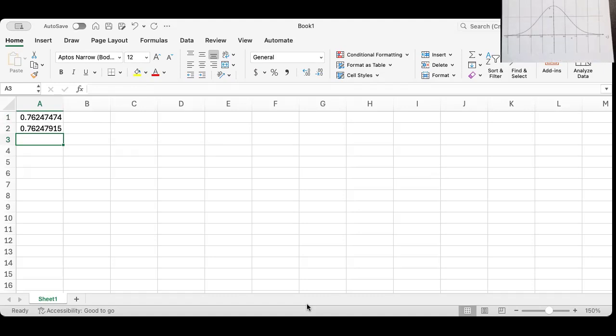Promise there's a reason. Also not a huge difference, right? The difference is in the sixth decimal place. That's a really small difference, like thousandths of a percent.